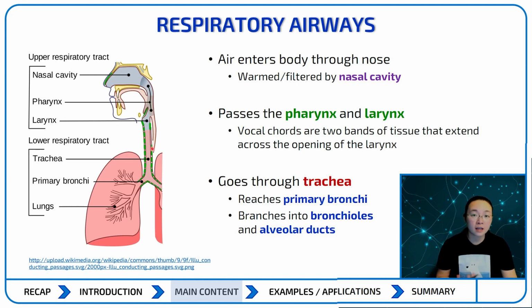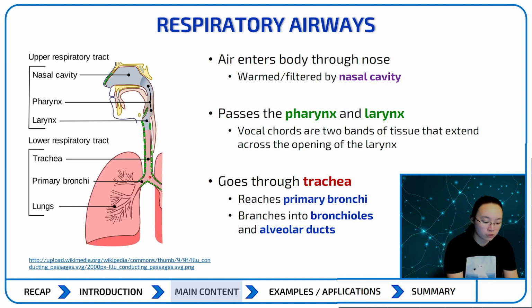And so the trachea kind of acts like the aorta, but in the respiratory system, it's the largest vessel. When it reaches a branch, that one main branch leads to one lung, and it's going to reach your primary bronchi.